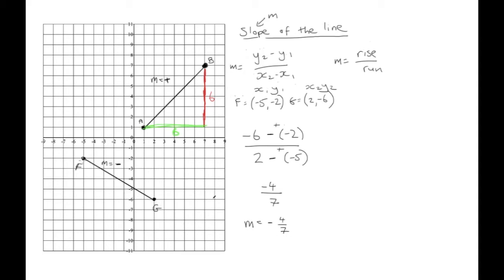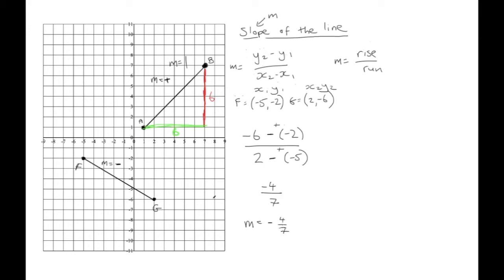And we can see that there are two things about this slope that are different from the other slope. This slope here is shallower, it's not as steep, and that's why the number, which is 4/7, is smaller than the slope of this line. The slope of this line, remember, was m is equal to 1. So 1 is a greater number than 4 over 7, isn't it? 7 over 7 would be 1, but 4/7 is less than 1.